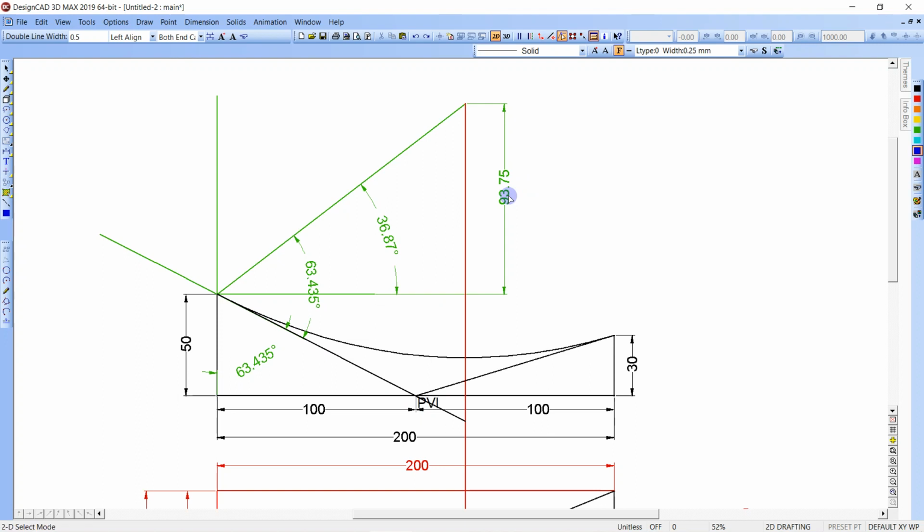So here I'm just getting rid of some stuff, right? That was the tangent line there. Now that we know the focus and we have a tangent line, we extend this tangent line right here to the axis of symmetry, right?